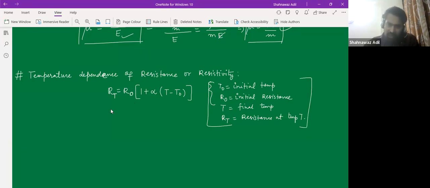Similarly, the resistivity varies the same way: rho naught times 1 plus alpha (T minus T naught), where alpha is the temperature coefficient.